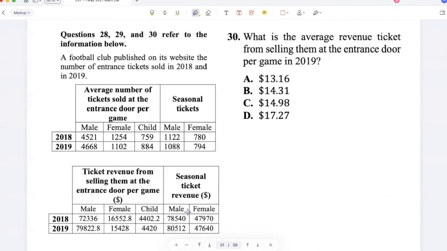What is the average revenue from selling tickets at the entrance door per game in 2019? Average revenue, total ticket revenue per game. So what is the average in 2019? Okay, so the total revenue divided by the total number of tickets. So let's add the total revenue.